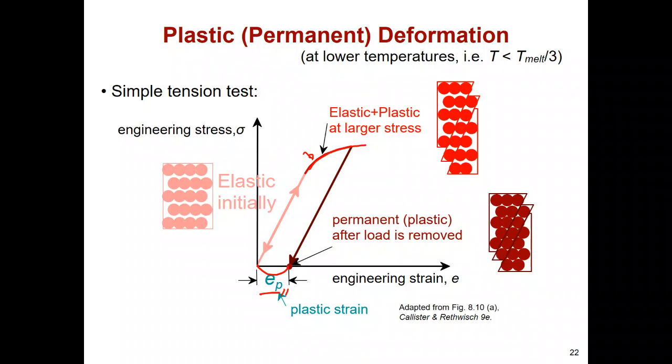Please do not be confused: the total strain is elastic plus plastic strain, but in this pink region we have only elastic strain. In this red region we have elastic and plastic strains combined. After unloading, we do not have any elastic strain, so the total strain is just equal to the plastic strain.